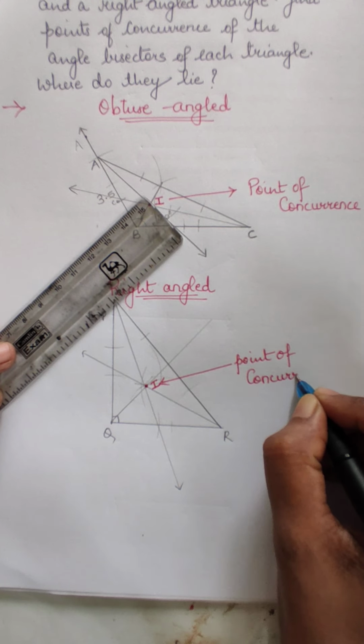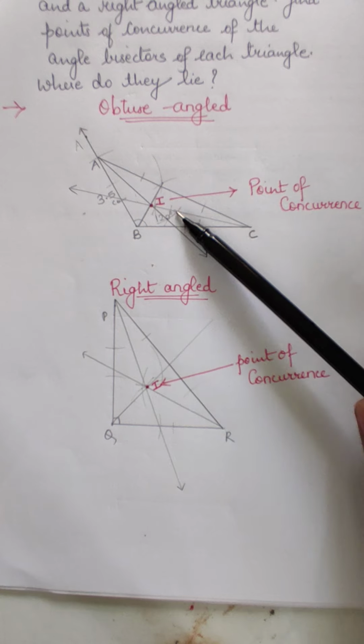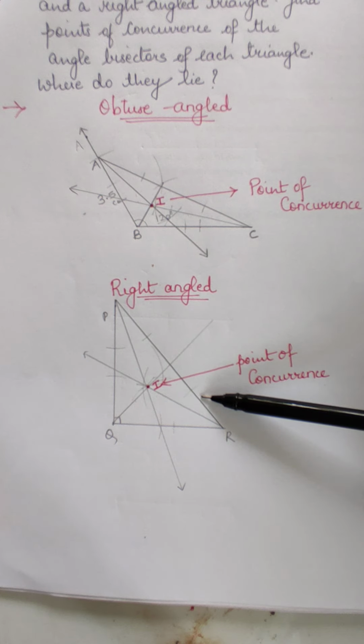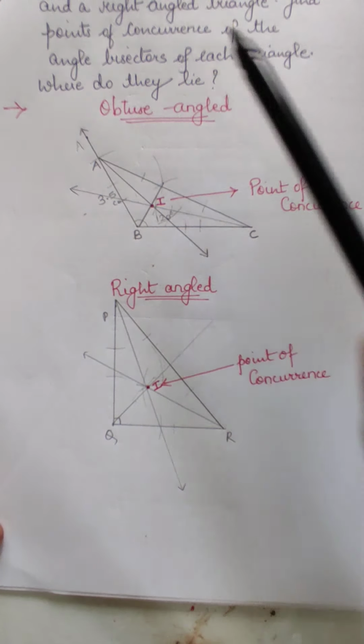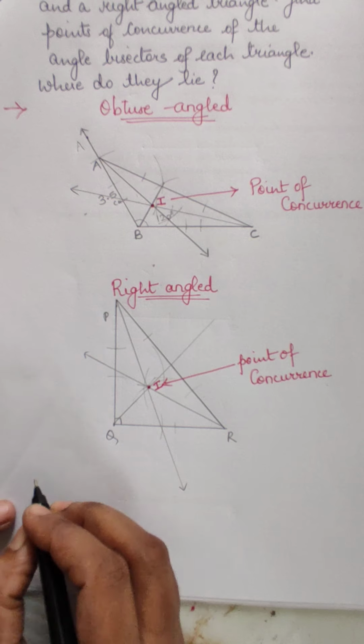And now if you compare both the figures, that is obtuse angle triangle and right angle triangle, the next question is where do they lie? So where is the position of the point of concurrence? They lie in the interior of the triangle.